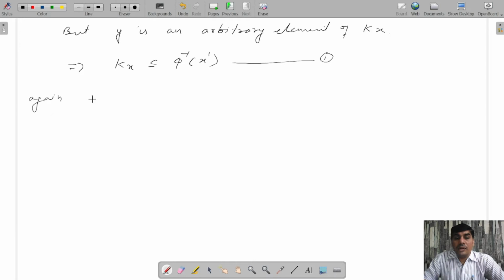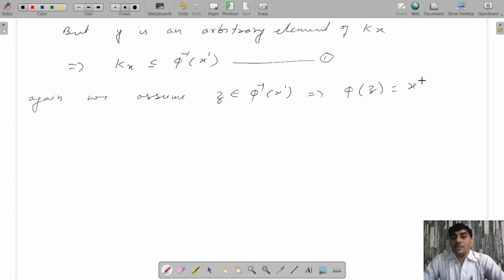Again we assume z belongs to phi inverse of x dash. This implies phi of z is equal to x dash.